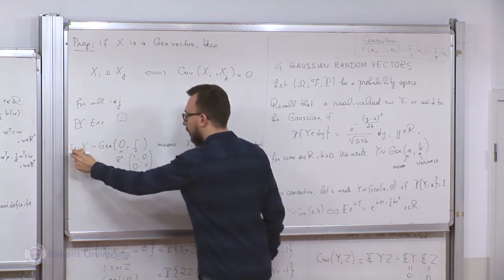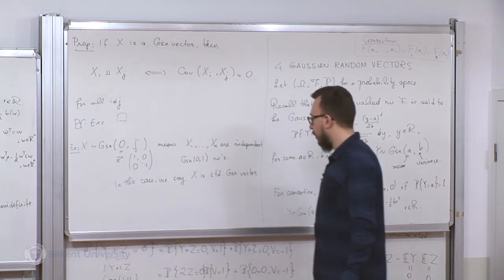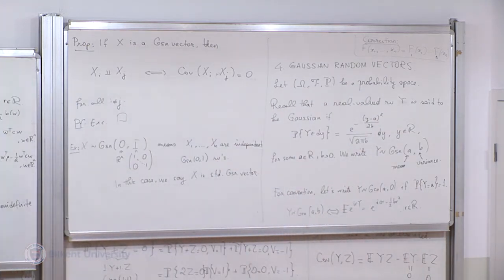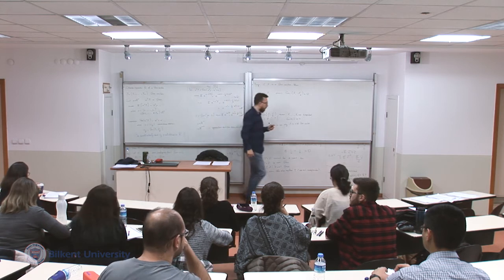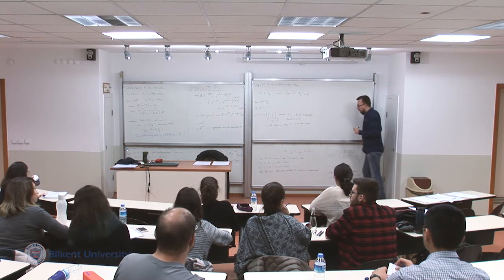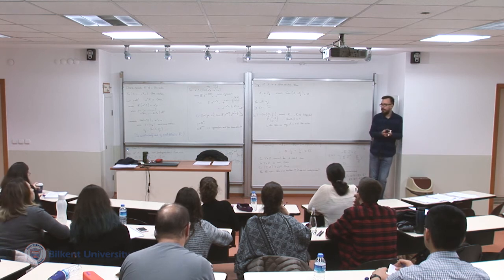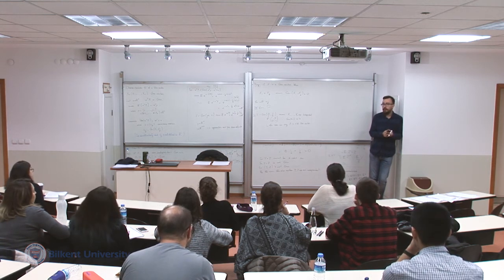Let me write it as an example. So we know that if we have independent Gaussians, together they form a Gaussian vector whose components are independent, right?